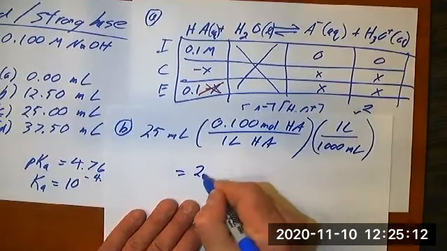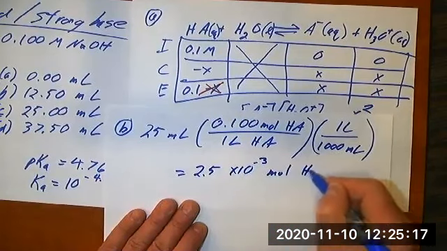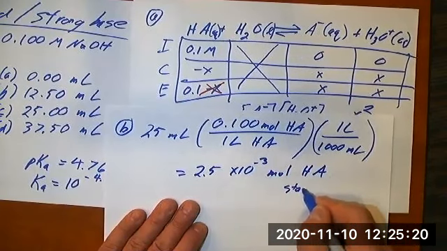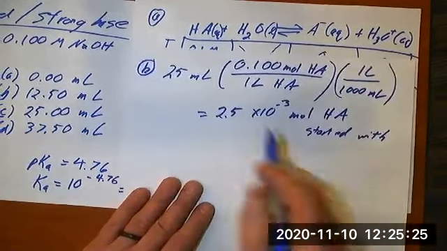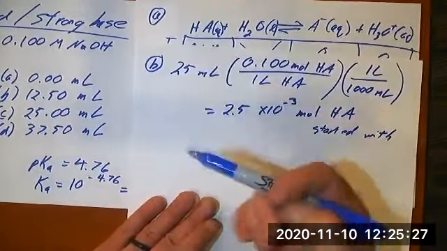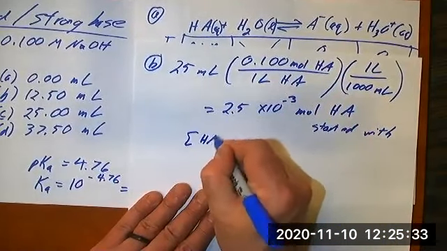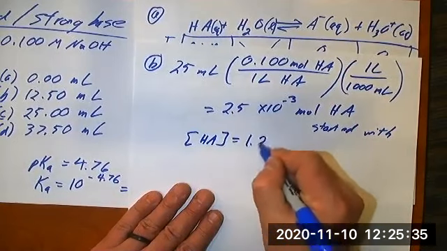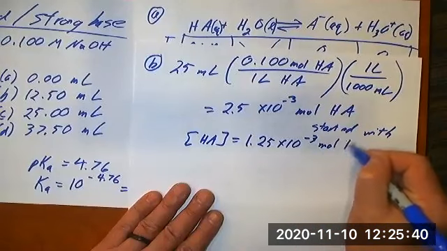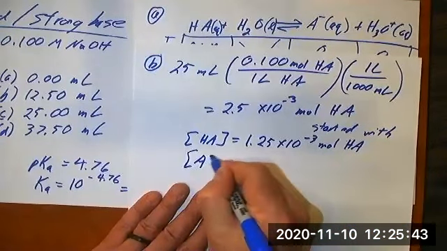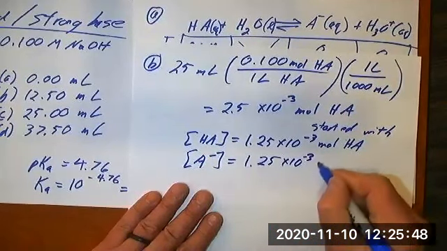So this becomes 2.5 times 10 to the minus 3 moles of HA that we started with. So after the initial neutralization step, we should have half of this at 1.25 times 10 to the minus 3 moles HA. And the other half has been converted to the A minus of 1.25 times 10 to the minus 3.